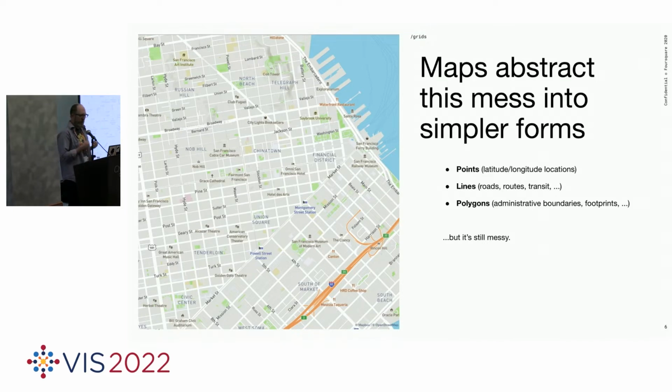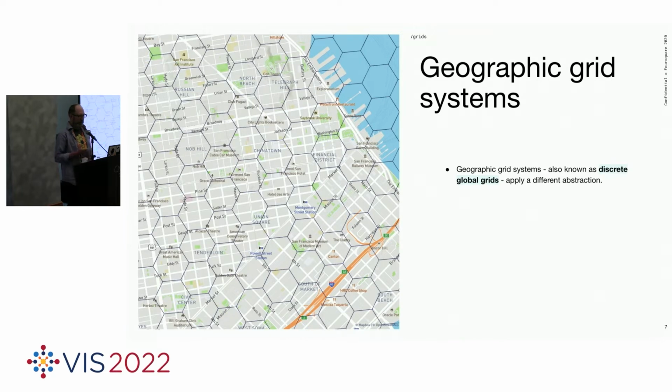The most common are points and lines and polygons, but they are still very messy. These things are not particularly accurate. They're not particularly easy to work with. They provide their own edge cases and downsides that can be difficult to work through. And sometimes we find ourselves wishing for a cleaner and more mathematical abstraction. That's the kind of thing that a geographic grid system provides.